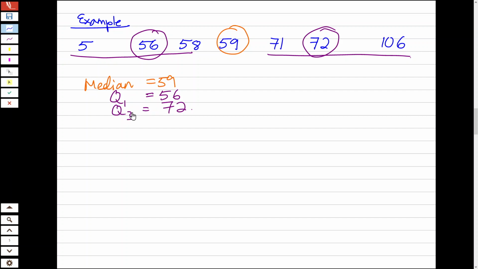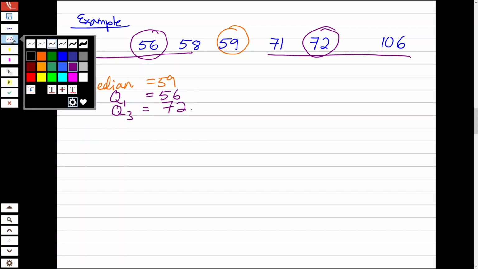So the interquartile range is the difference between Q1 and Q3. But why is it worth calculating this? To find the outliers, yes.